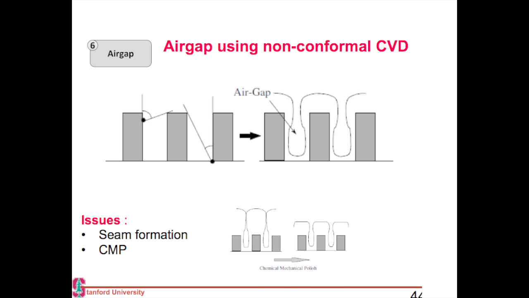Another way to make air gap is something where you can turn a problem on its head and use it to make something useful. We saw that our CVD process has a non-conformal nature, because you get a much larger flux when you're doing a CVD at the top, and a much lower flux when you're deep below in the trench.